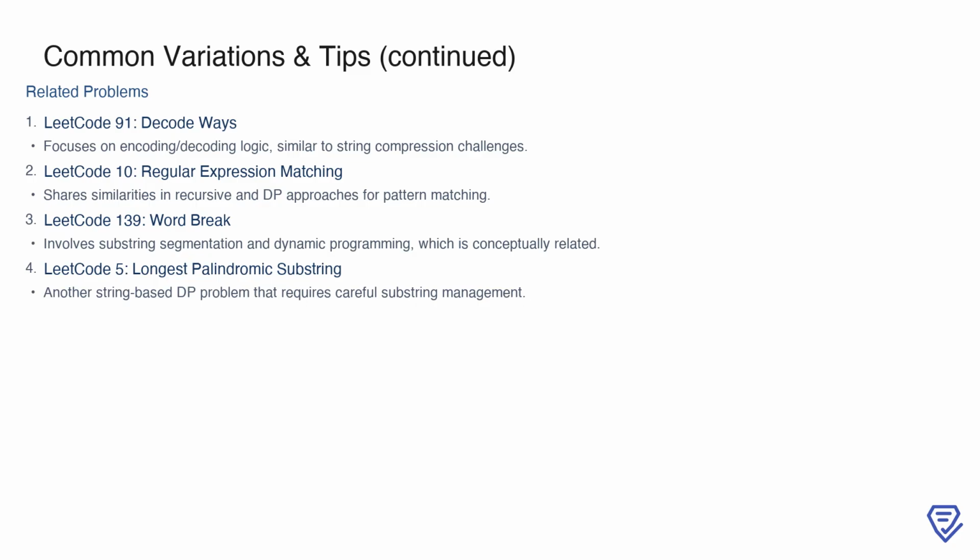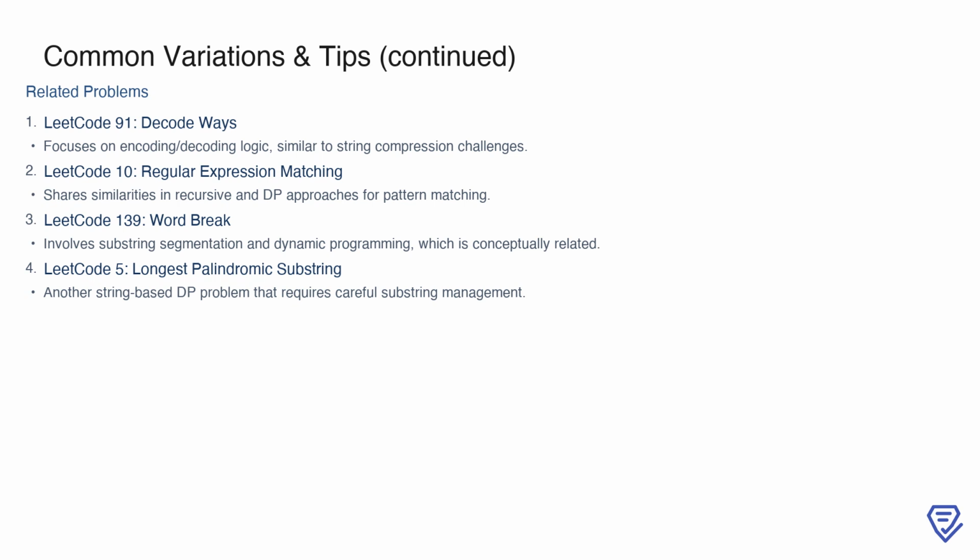Comparing the dynamic programming solution to a naive approach provides valuable context. A brute force method would involve generating all possible encodings of the string and selecting the shortest one. This approach would quickly become infeasible, as the number of ways to split and encode a string grows exponentially with its length. For such a method, the time complexity could exceed 2 to the power of n.